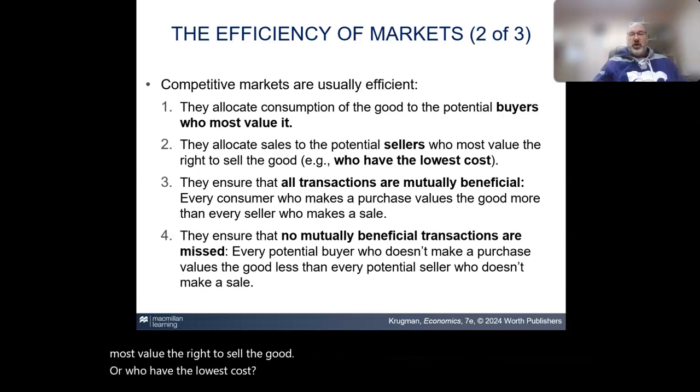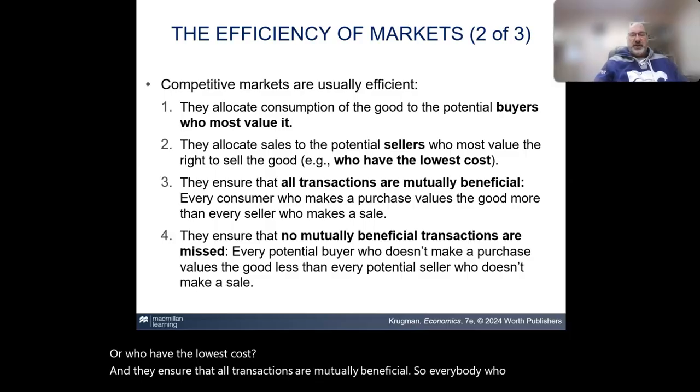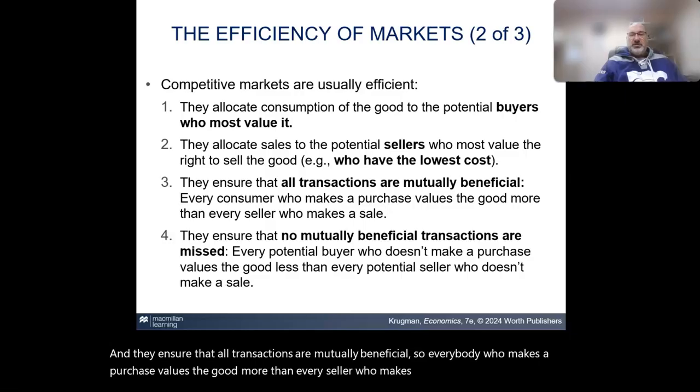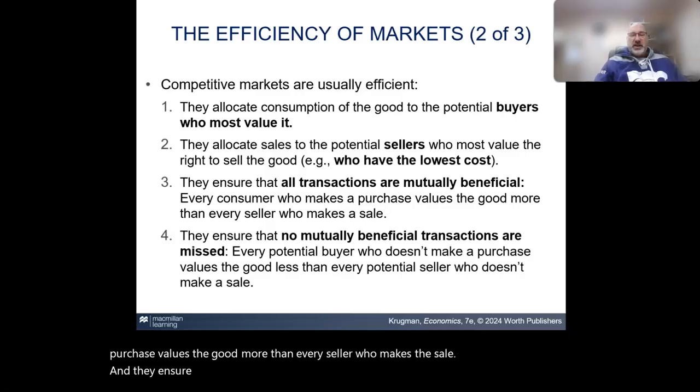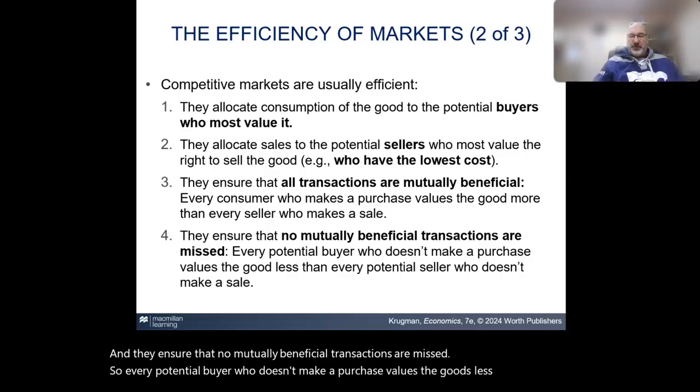And they ensure that all transactions are mutually beneficial. So everybody who makes a purchase values the good more than every seller who makes the sale, and they ensure that no mutually beneficial transactions are missed. So every potential buyer who doesn't make a purchase values the good less than every potential seller who doesn't make a sale.